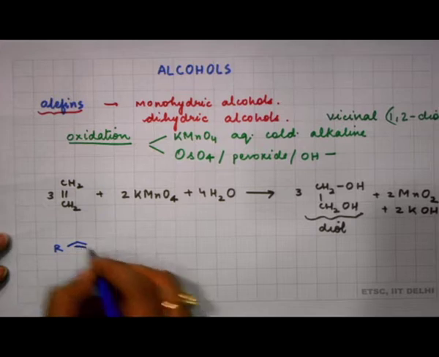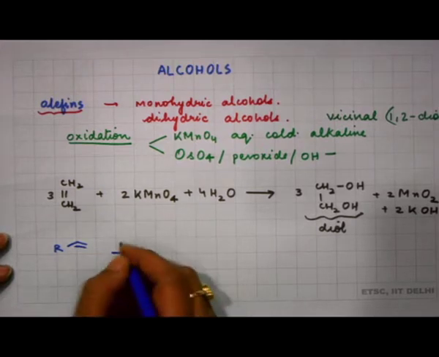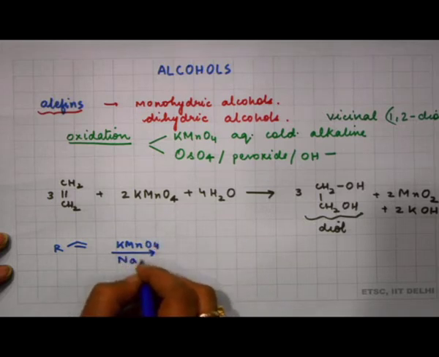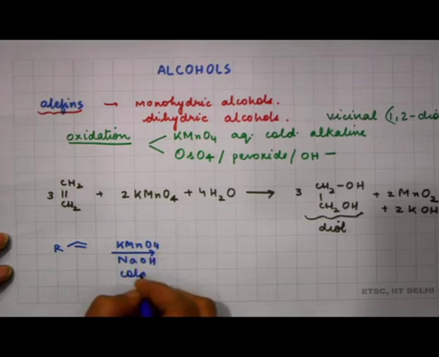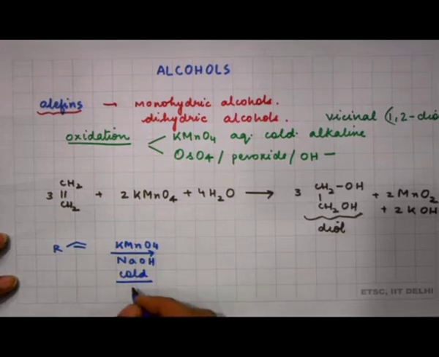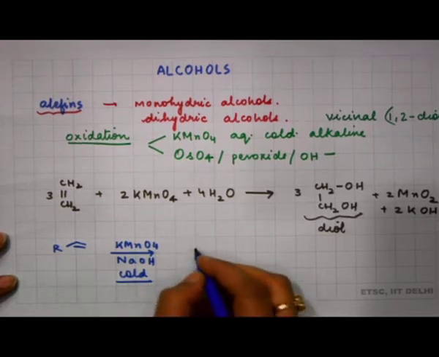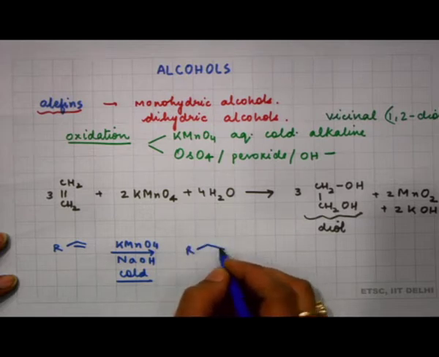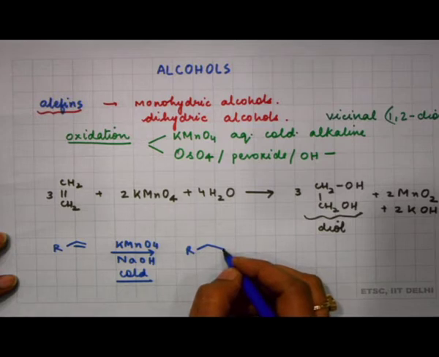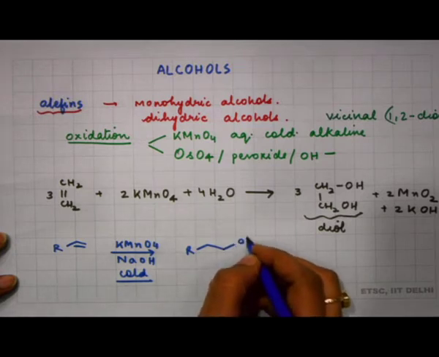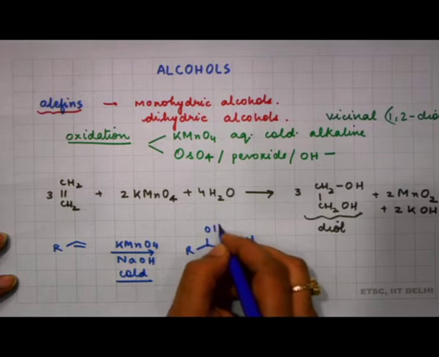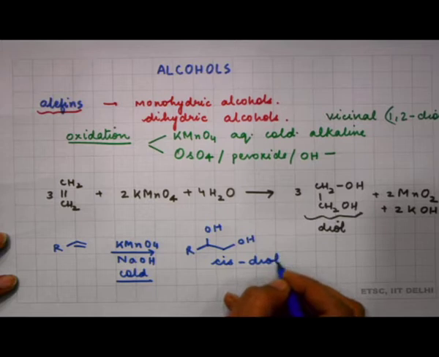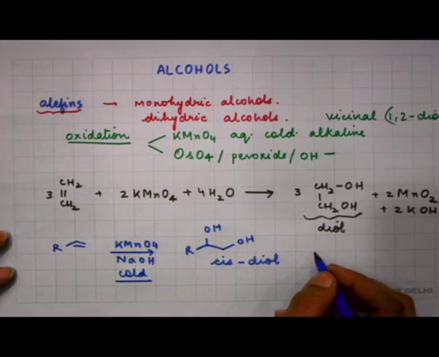Exemplifying it further, let me show you that if you start with any substituted olefin, treat it with KMnO4, alkaline, cold. Cold is very important, because if the temperature rises, if we heat the reaction up, then the diol which is going to be generated is going to cleave at the 1,2 position to give you a degradation product. So, once you form this diol under cold conditions, this is a cis diol, both the hydroxyls on the same side of the double bond.